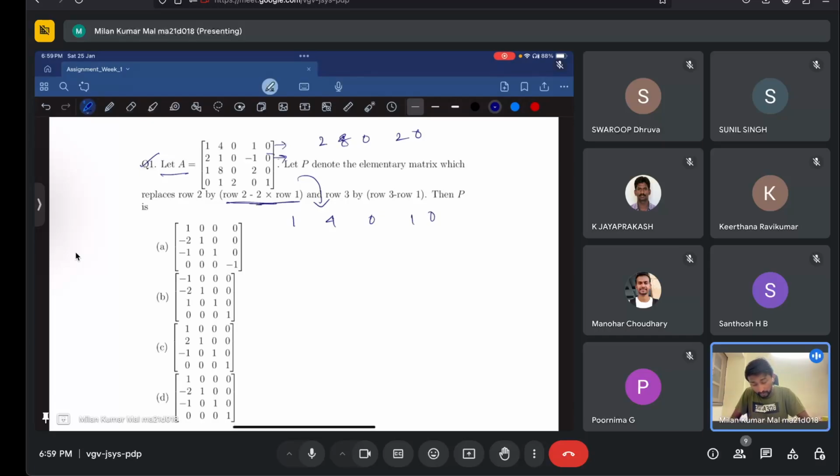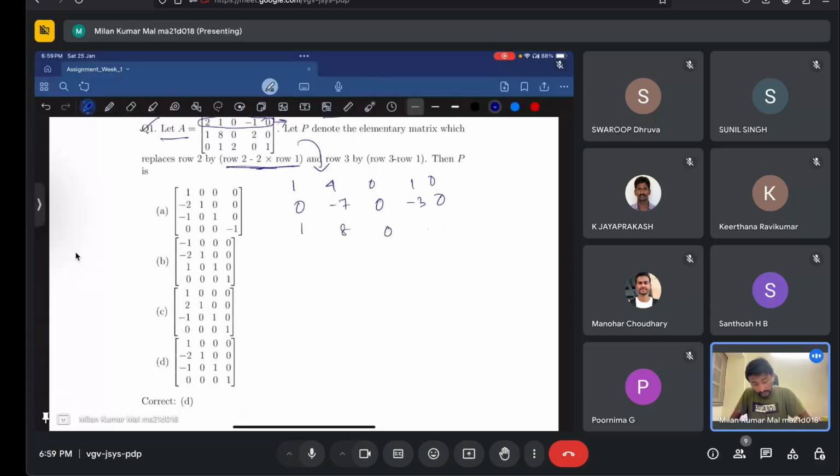If we subtract from this row, what will we have? First 0, then 1 minus 8, that is minus 7, 0 minus 0 is 0, then minus 1 minus 2 is minus 3, 0, and the rest stays as it is, 0 1 2 0 1.